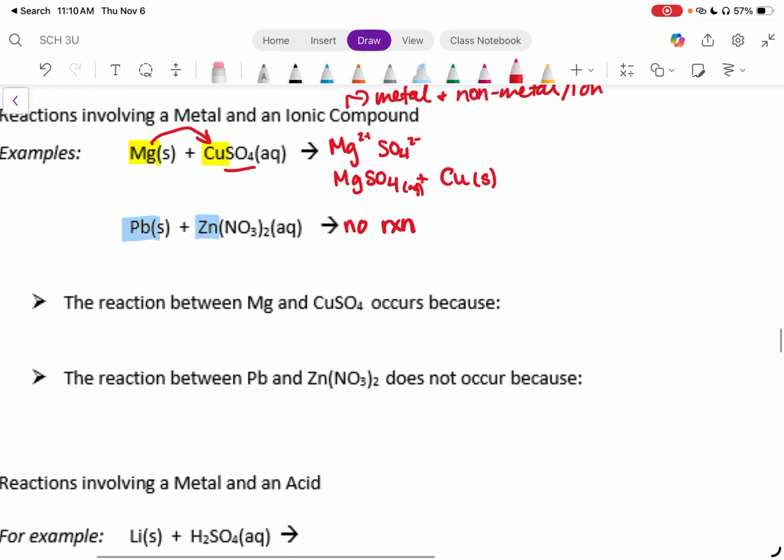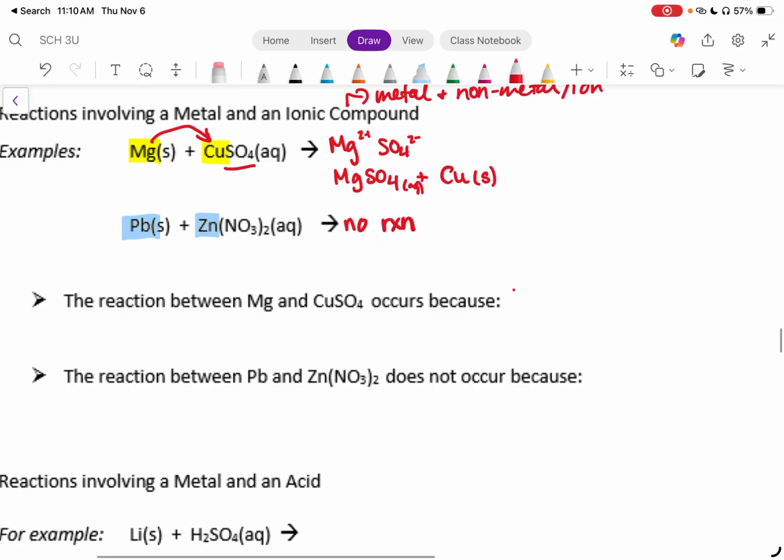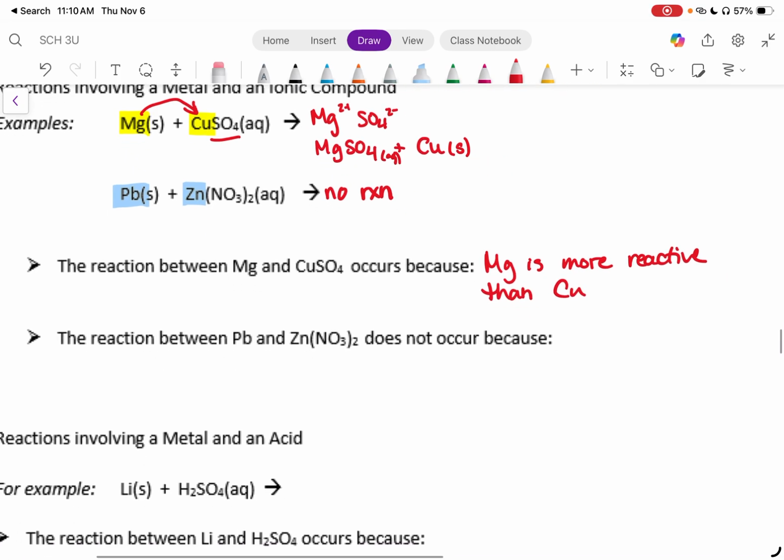So the reaction between the magnesium and the copper sulfate occurs because magnesium is more reactive than my copper, but the reaction between lead and zinc nitrate does not occur because lead is less reactive than zinc.